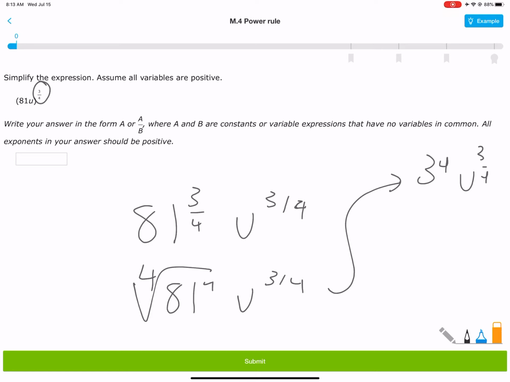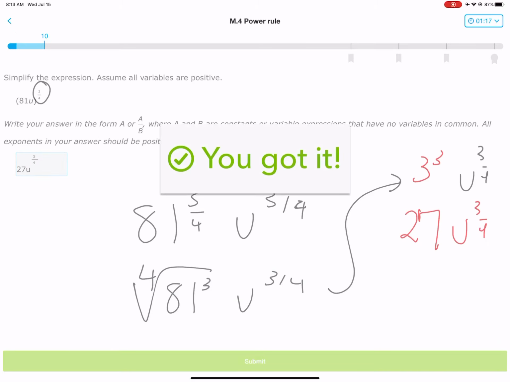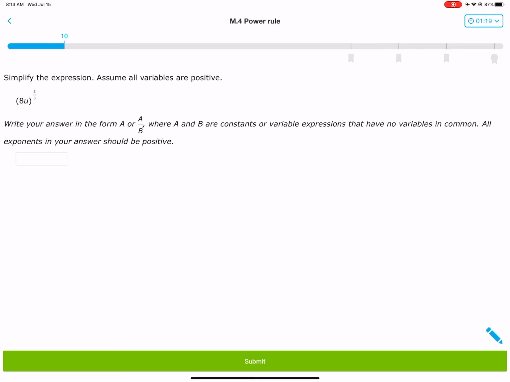I'm sorry, this is supposed to be to the 3rd. 3 to the 3rd. 3 times 3 is 9. 9 times 3 is 27. 27 u to the 3/4. Okay, and that's the power rule.